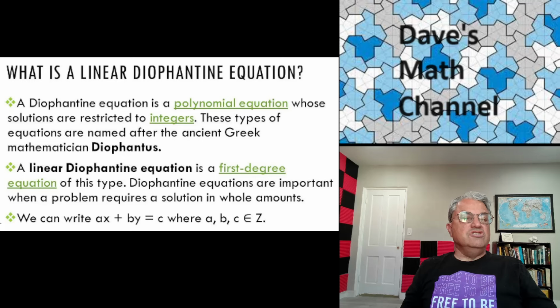And a linear Diophantine equation is the simplest type of Diophantine equation. That's an equation where the equation is first degree. So that means it's just a linear equation. Linear means degree 1. It means that all variables are just the first power of that variable.